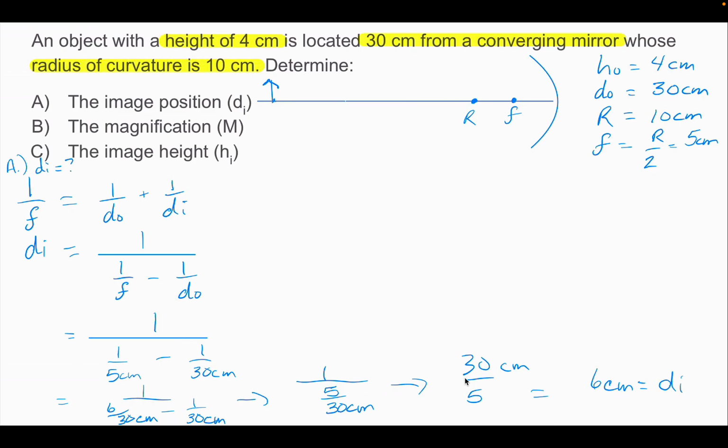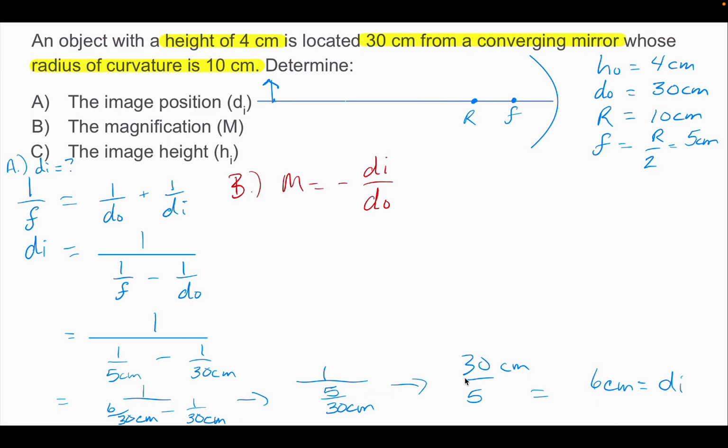That's A. Now that I have DI and DO, I can actually find my magnification. Remember this formula, so I'm going to use a different color here for B. M is going to be equal to negative DI over DO, because it's also equal to HI over HO, but I don't have one of those.